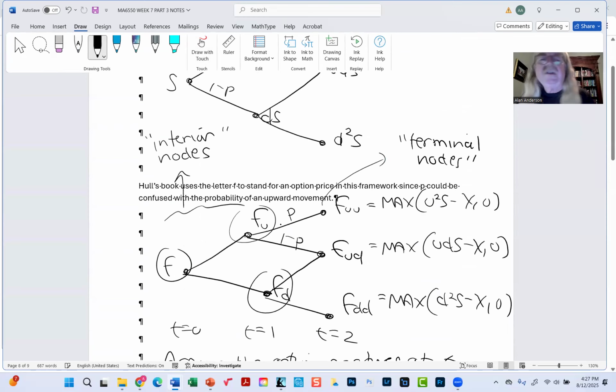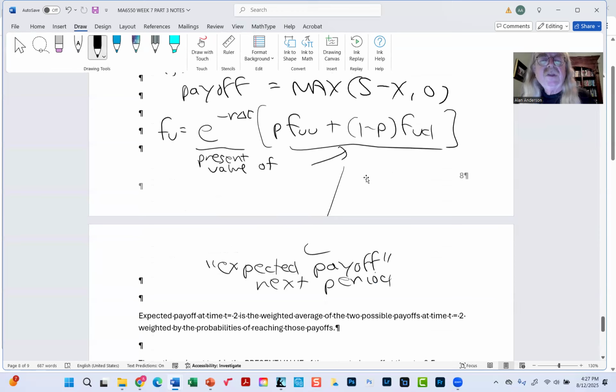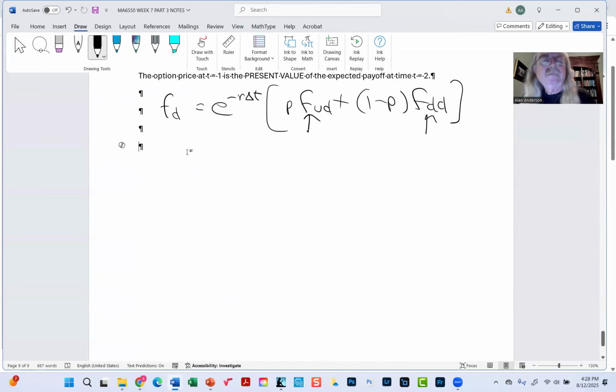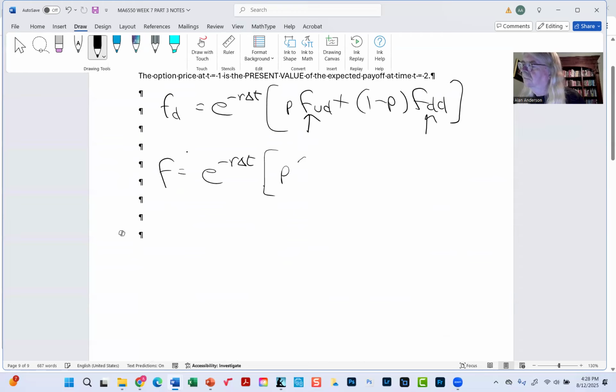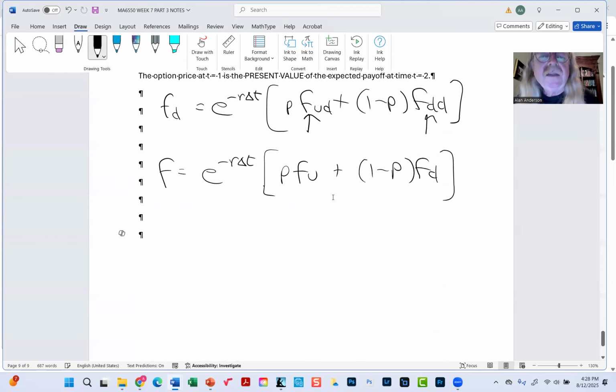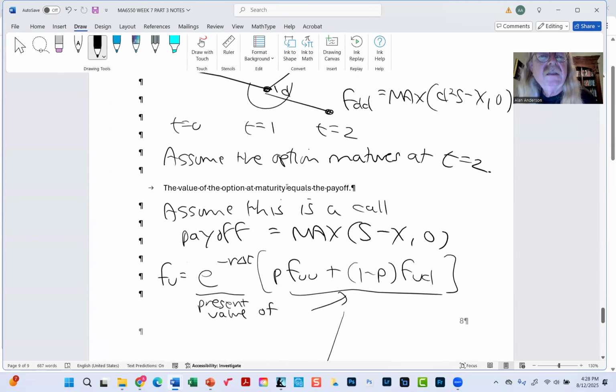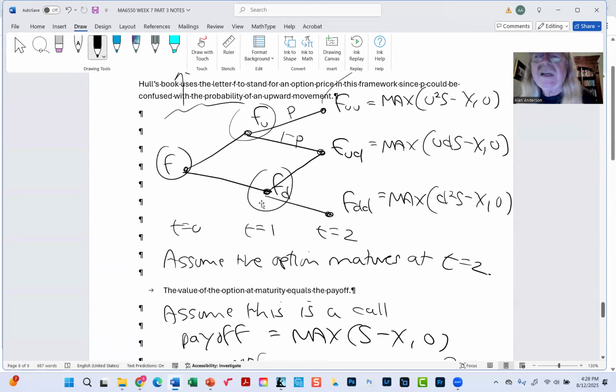And that just leaves the price today of this option. This is what we're looking for. This is what we want. F would therefore be, okay, so from here, we can only reach up to F_U or down to F_D.